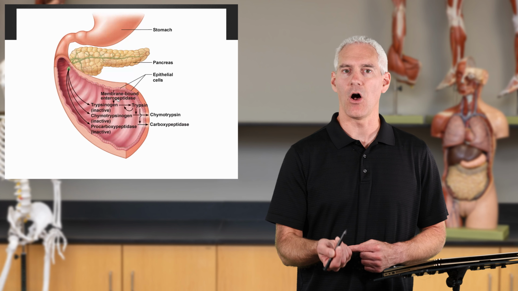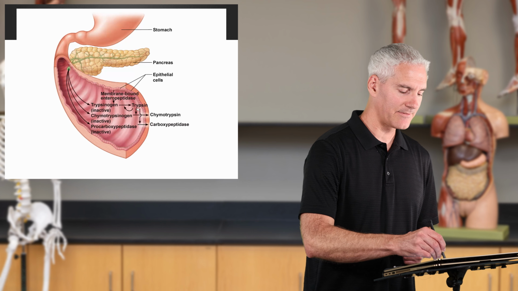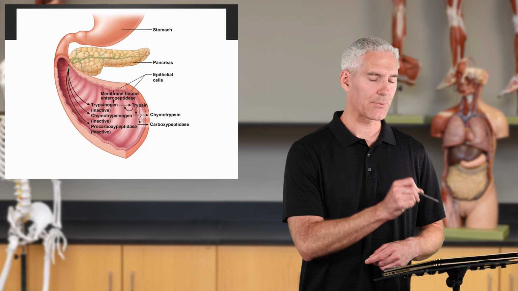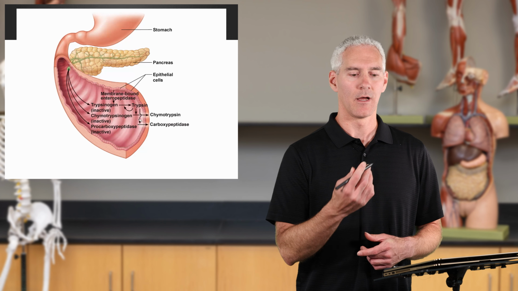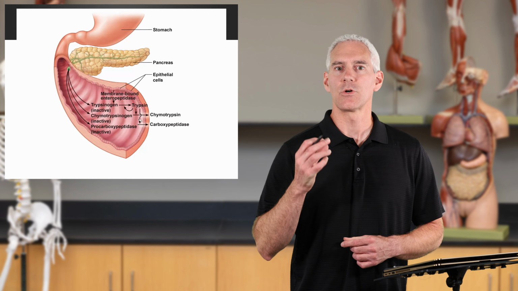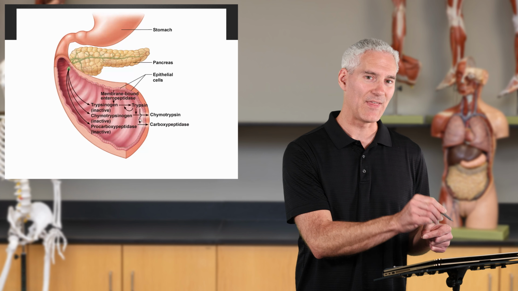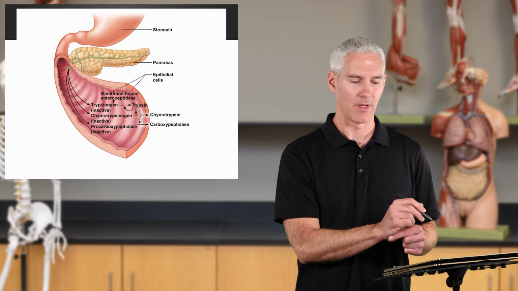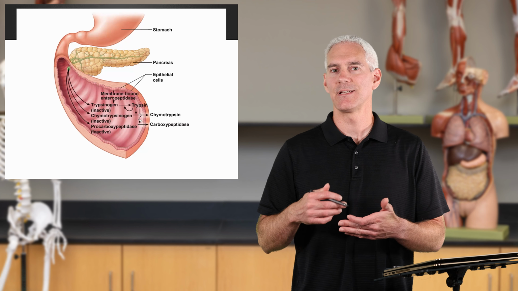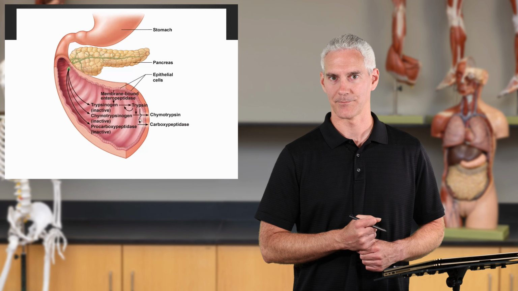But trypsin can also activate, as you notice right here and right here, chymotrypsinogen to chymotrypsin, and procarboxypeptidase to the active form of carboxypeptidase. So you have to initially use the membrane-bound enteropeptidase. That activates the inactive form of your trypsinogen. Then you make trypsin. Then trypsin is self-activating and can activate the other two enzymes as well.